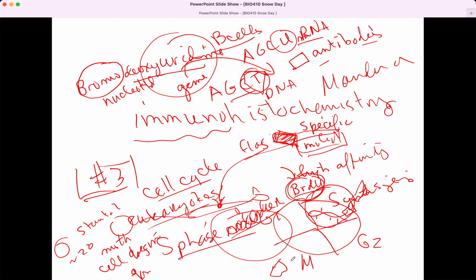Then we have a separate antibody that's an M phase marker, and that antibody recognizes a modified form of histones that we're learning about in the lecture course. It recognizes a phosphorylated form of histone, and it's the H3 histone.